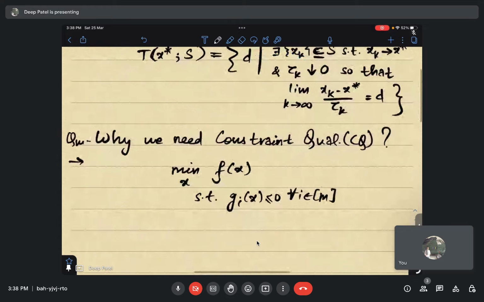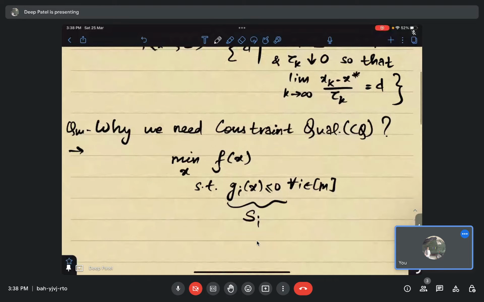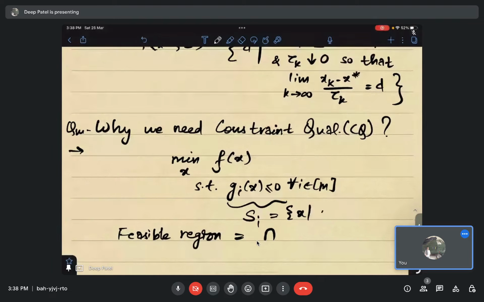Let's call each of these sets S_i, where S_i is basically all x such that the ith constraint is satisfied. So the feasible region is the intersection of all these regions.